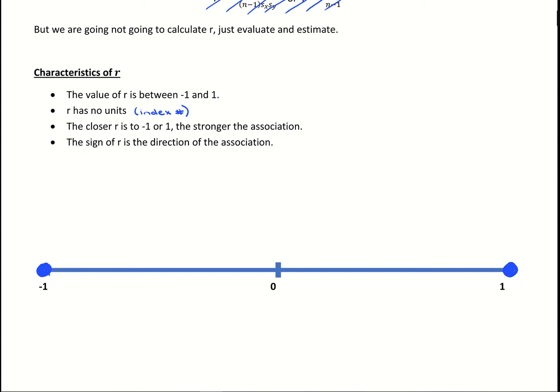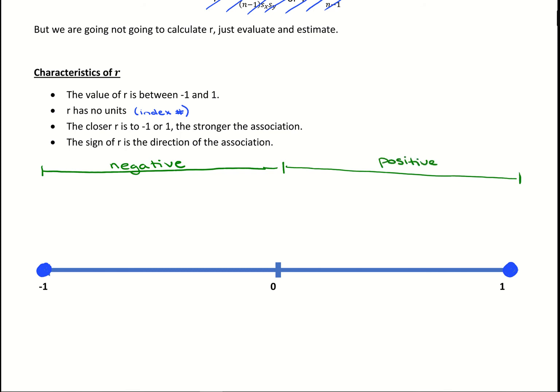Then the sign of r is the direction of the association. So what that means is, for direction, anything -1 to 0 will have a negative direction to it. So all of those graphs will have decreasing trends, and then 0 to +1 is all positive direction. So that'll have all increasing trends.